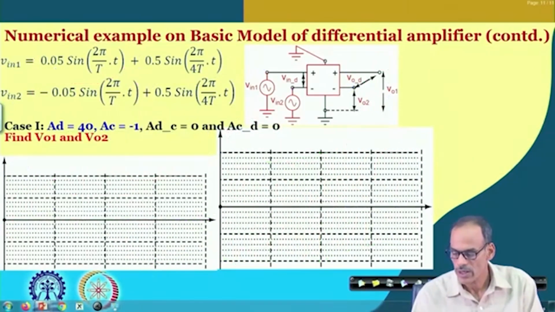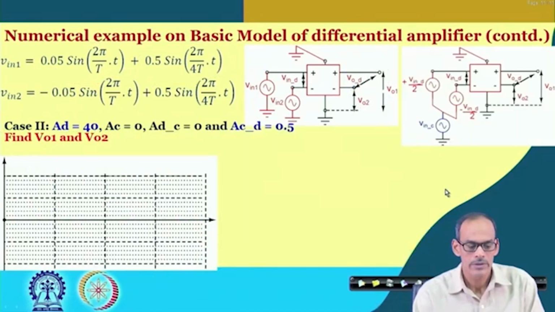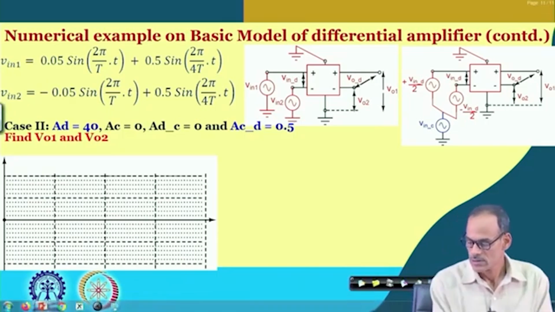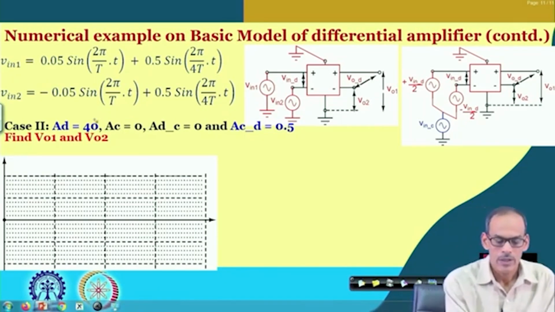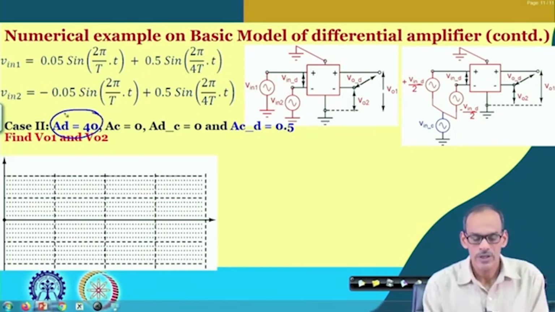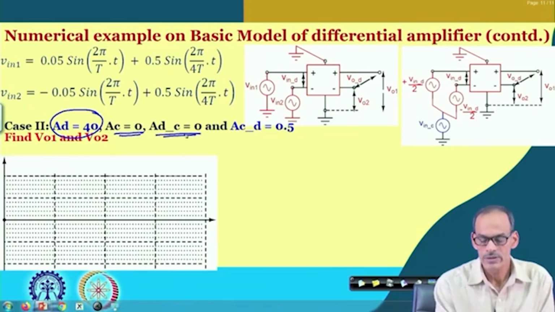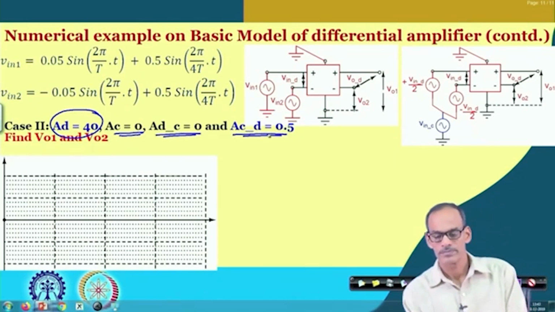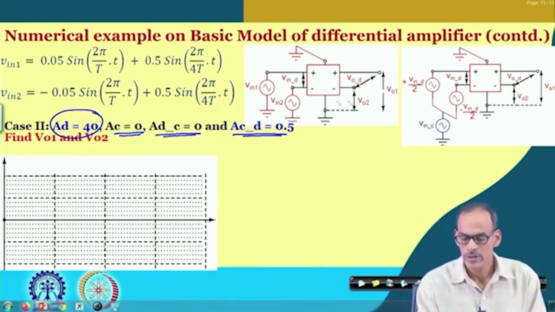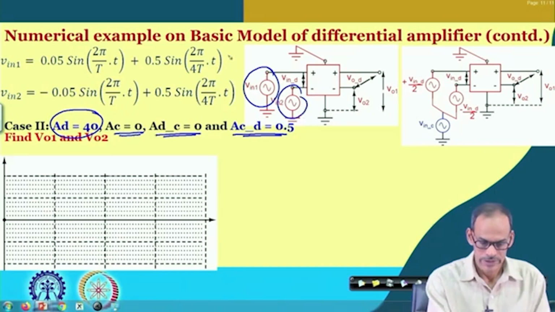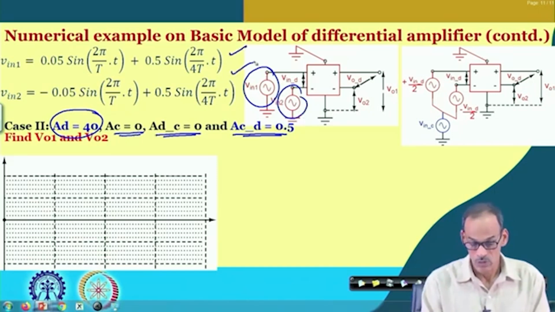So, let us have the third case, where we have AD remaining 40, AC we are taking 0 and ADC we are taking 0, but ACD we are taking 0.5, and again the signals we are giving here are the same, and we would like to know what the individual signals will be.